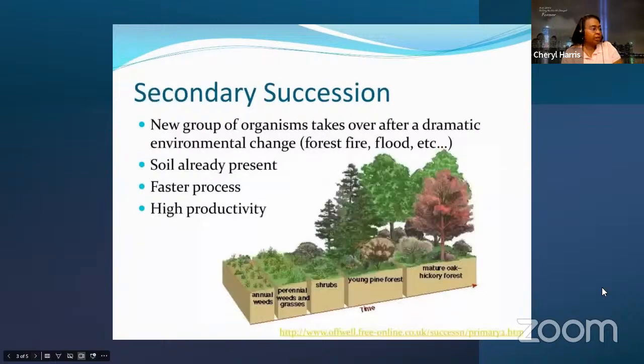All right, so again, secondary succession occurs after, and that's the important part, a dramatic environmental change, such as a forest fire, flood, hurricane, or earthquake. Those can alter the land and the vegetation.